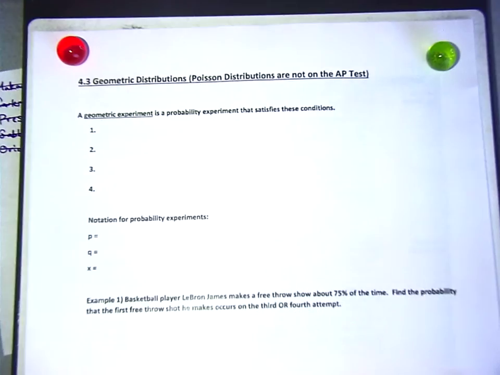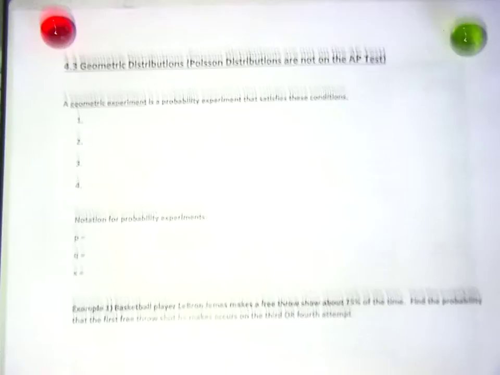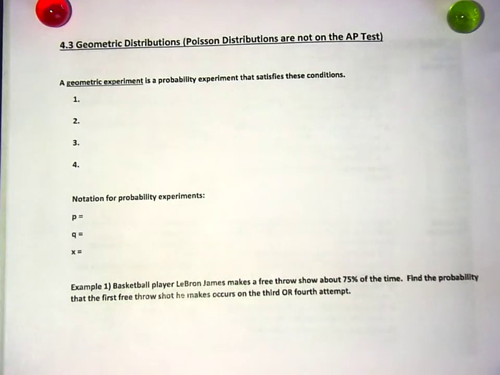So there are two types of distributions in 4.3. One is called geometric distributions, and one is called Poisson distributions, like a French word, Poisson.